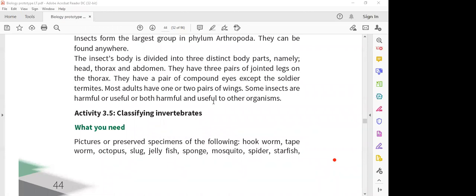But when they feed on the volume, that's an advantage. Any other insect? Another insect which is both useful and harmful, and in which way? So you identify the insect and tell me how it is both useful and how it is harmful to other organisms.